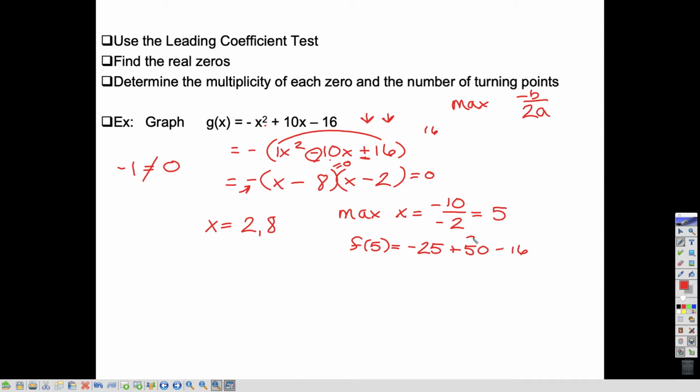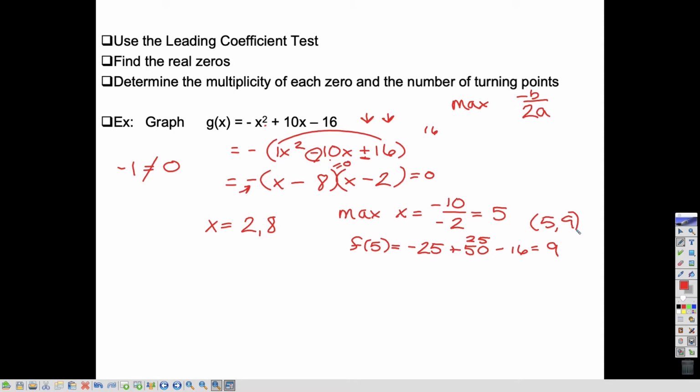So 25 minus 16 is 9. So my maximum is at 5, 9. So now do I know how far up this is going to go? You don't have to do that during this assignment. No, but you might want to take a minute to do it so you remember it. Wait, so our point is 5, 9 then? For the maximum, yes.